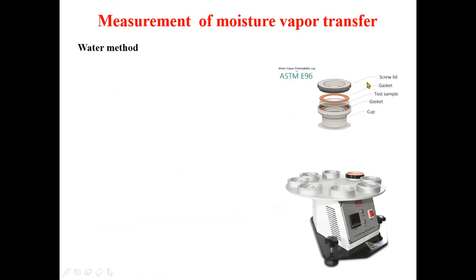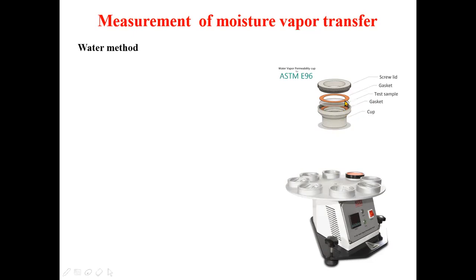Here you can see the construction of the cups very well. The mouth of the cup is larger, and you have to place the test sample. So this one is the test sample. This is the basket.